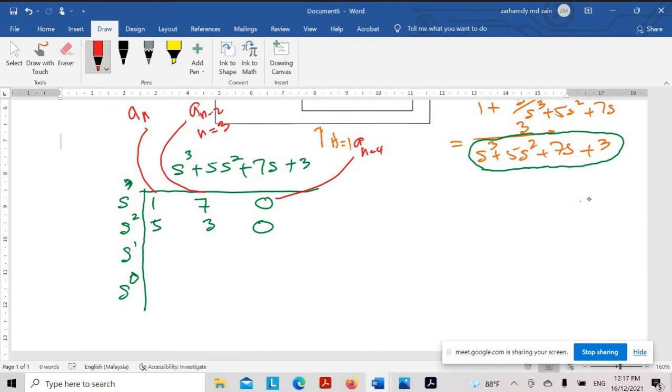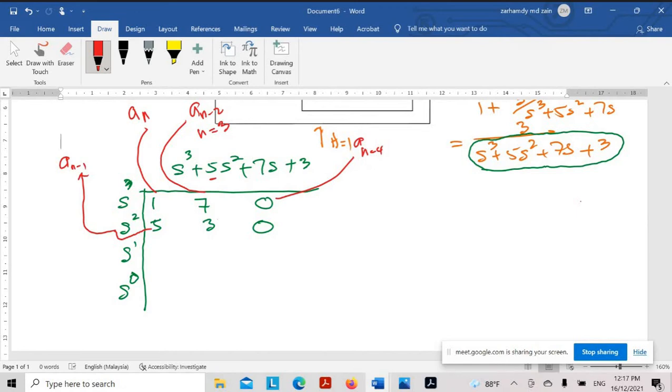So this second row, this column, this row kita ada sini. 5 represents the coefficient of AN minus 1, because N is 3, minus 1 is 2, so it means the coefficient of S power of 2.